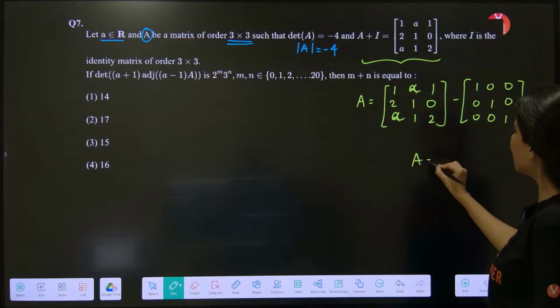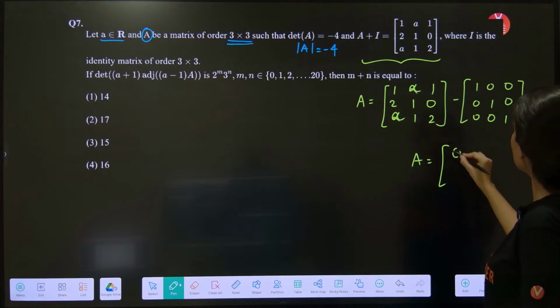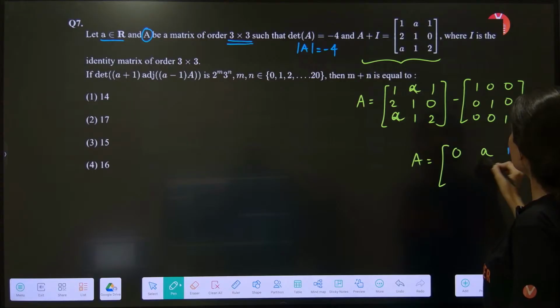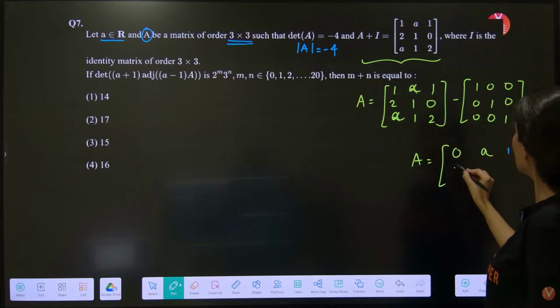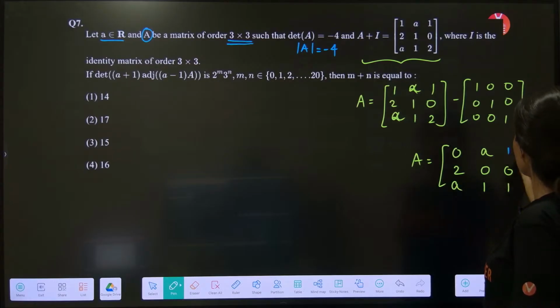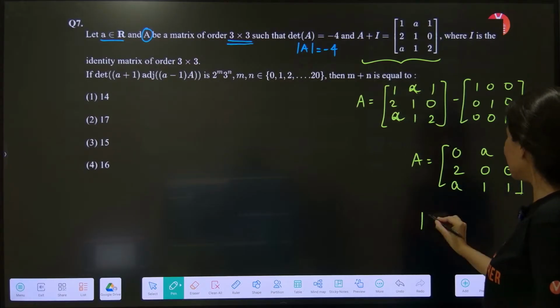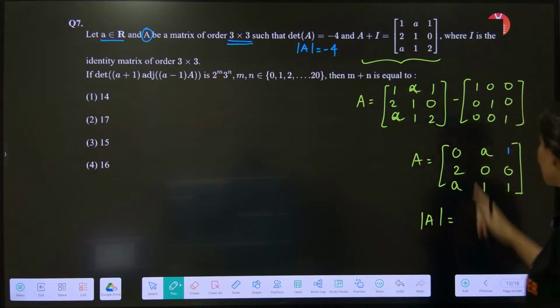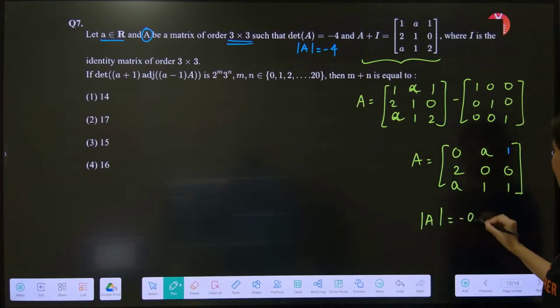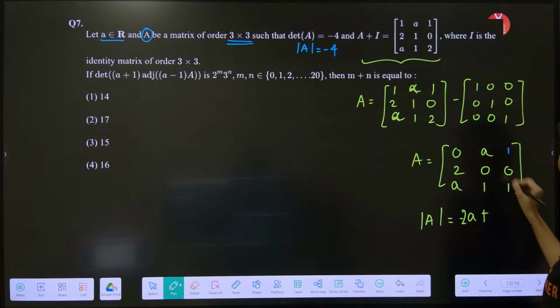So what is A? 1 minus 1, 0, A, 1, then 2, 0, 0, A, 1, 1. Now determinant A, can you calculate it for me? This is going to be minus 2A plus 2, so this is going to be minus 4.